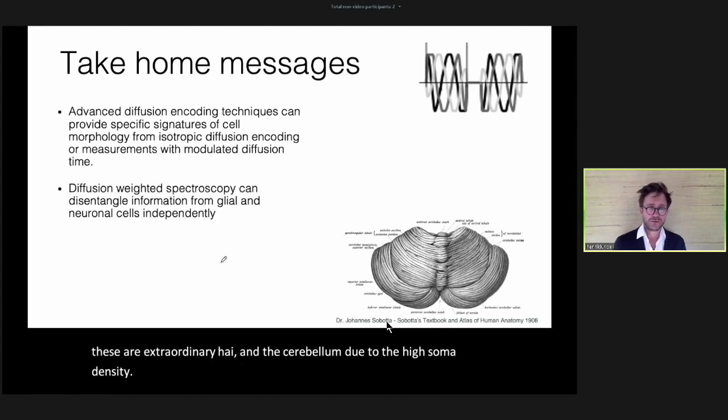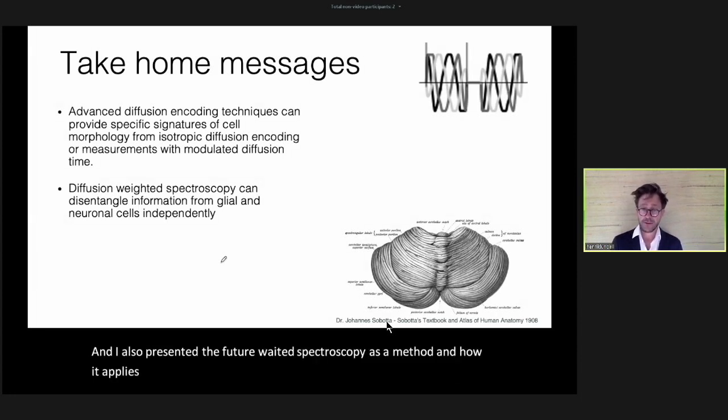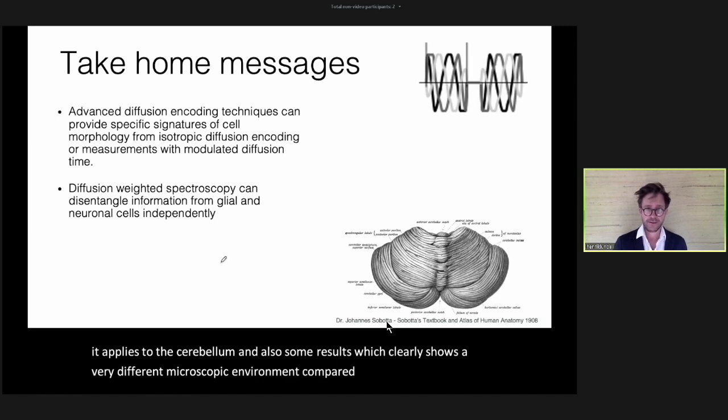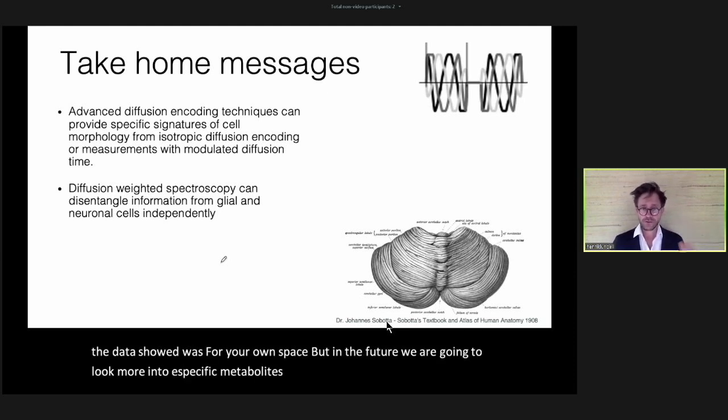And I also presented diffusion-weighted spectroscopy as a method and how it applies to the cerebellum, and also saw some results which clearly show a very different microscopic environment compared to the rest of the brain. The data I showed was for the intraneuronal space, but in the future we are going to look more into astrocytic metabolites and differences in structure in cerebellum compared to other brain regions.